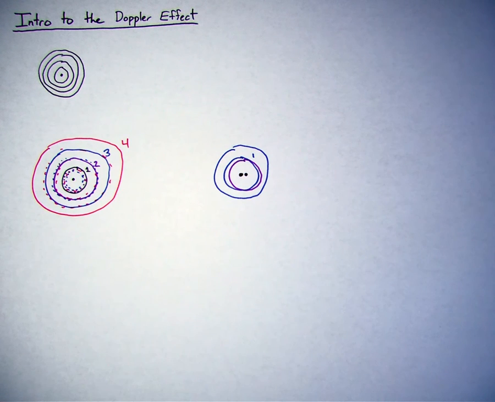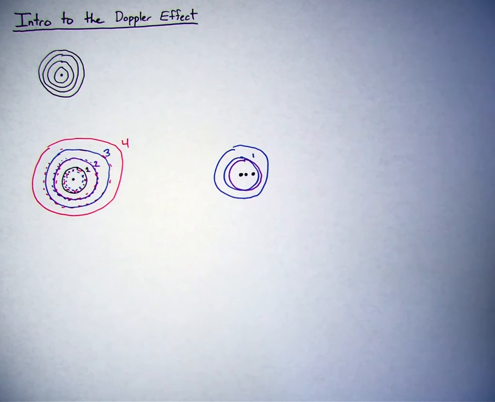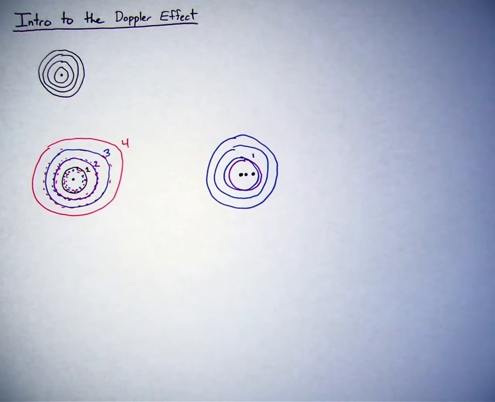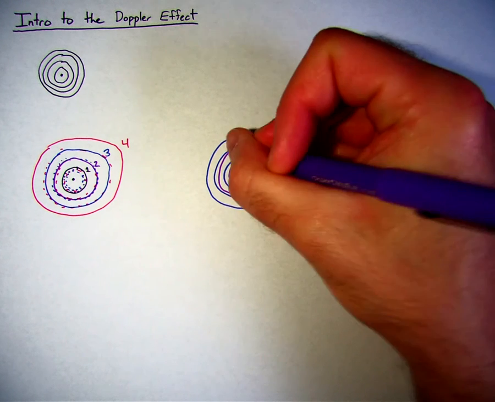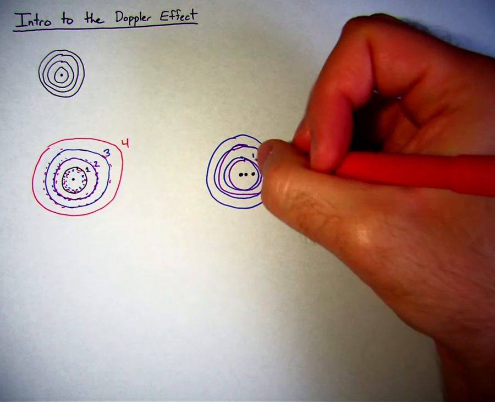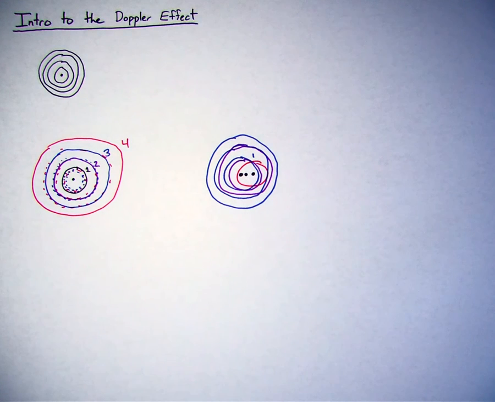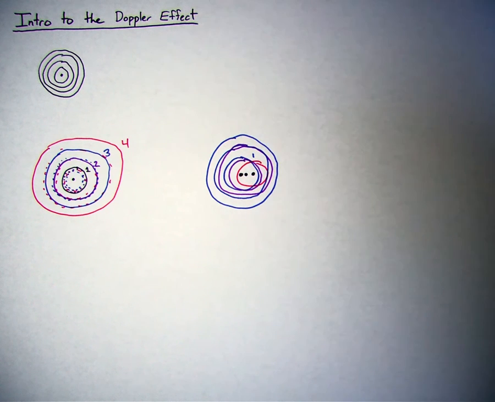Then if we move over again, we're going to have our first circle still concentric, and our second circle still concentric, except now it's shifted over a little bit. And then our third circle is going to be about right here. It's probably hard to see, but let me show you here.